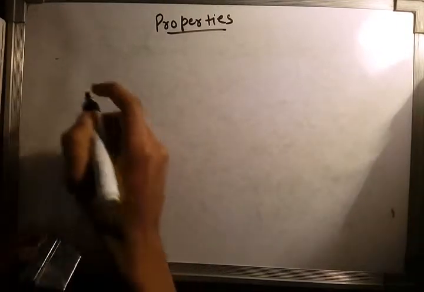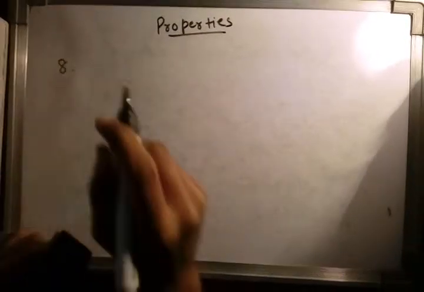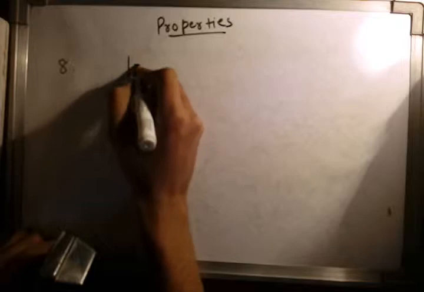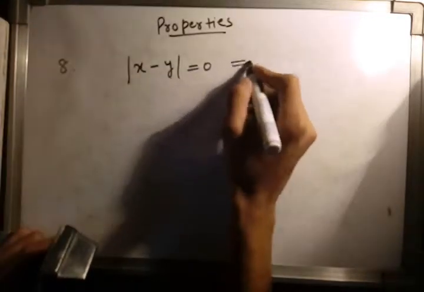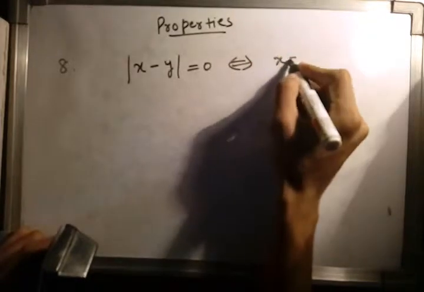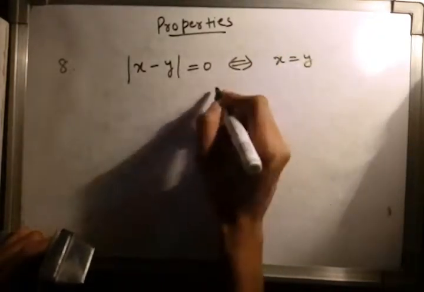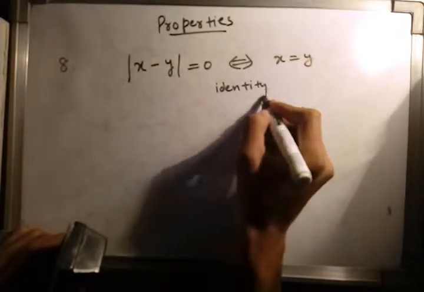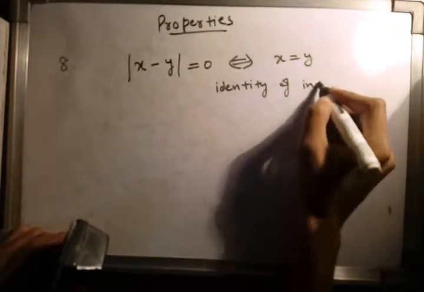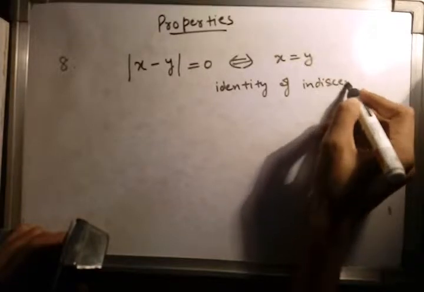The next property is the eighth property: modulus of x minus y is equal to 0 implies that x is equal to y. This is called identity of indiscernibles.